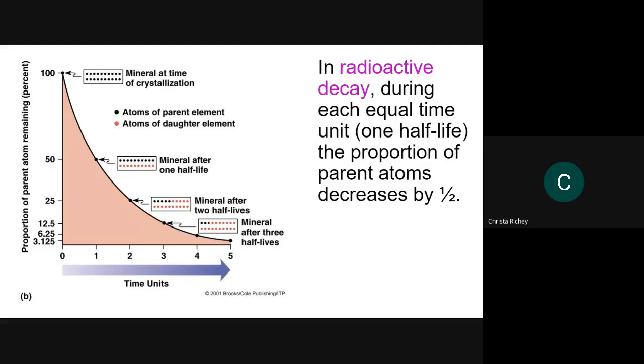Half of 25 is, I swear calculators have totally messed up my math, 12.5. And you're going to keep cutting things in half again and again and again. Depending on how much of the material remains, you can go back and figure out how many half-lives have actually occurred.